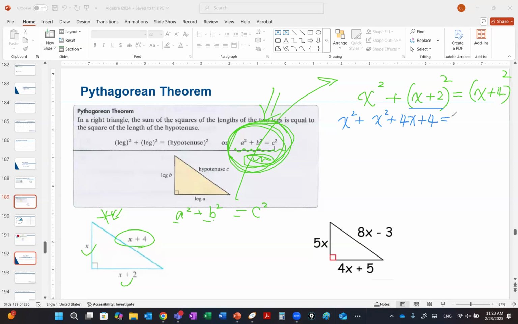What about the right part? Right part is x squared plus 8x plus 16, right? Let's check it. Alex here, exactly the same. Okay, so we simplify further.